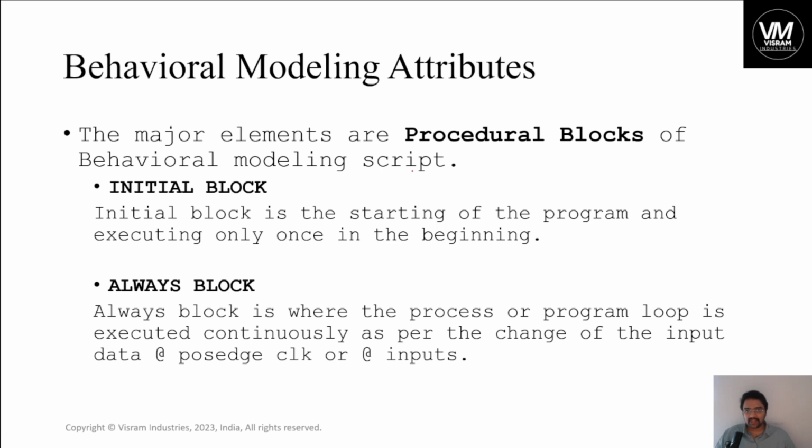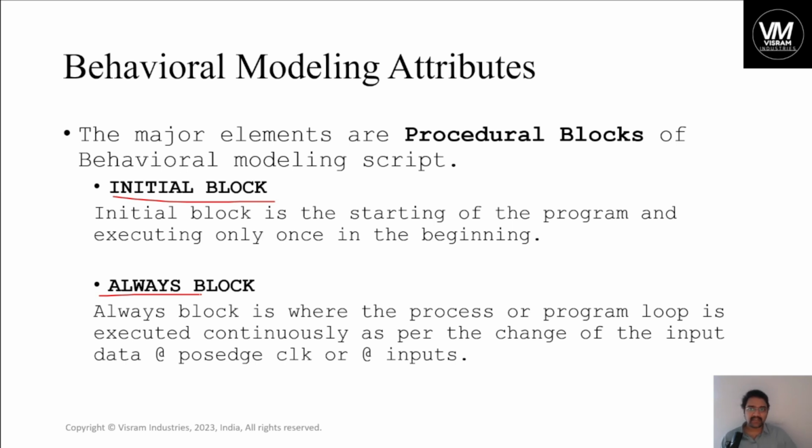Understand, in behavioral modeling we have two blocks, initial and always block. Those are called procedural blocks. This is a must and important thing to remember. If someone asks what are procedural blocks in Verilog HDL, we have the initial and always block. If you remember these, when we do projects in the next session, like bigger projects such as memory designs, you will understand easily.